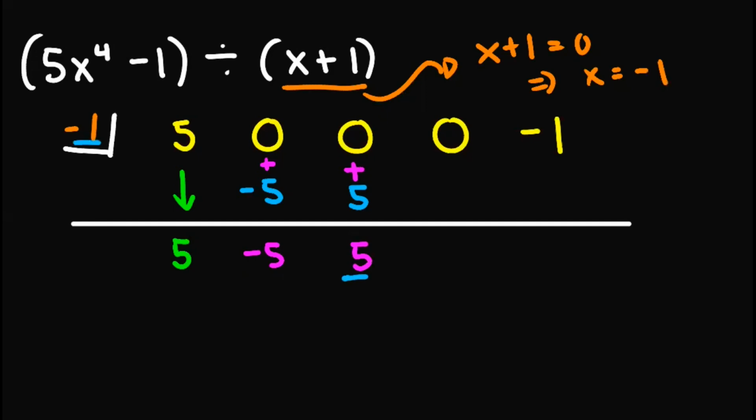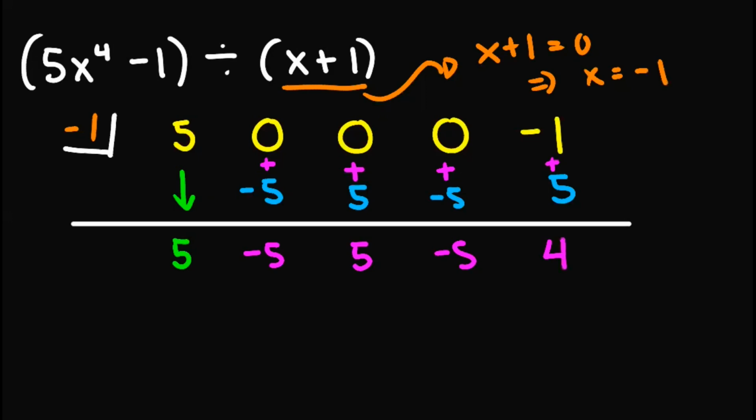Negative 1 times 5 will give us negative 5. 0 plus negative 5 will give us negative 5. And lastly, negative 1 times negative 5 will give us 5. Negative 1 plus 5 will give us 4.